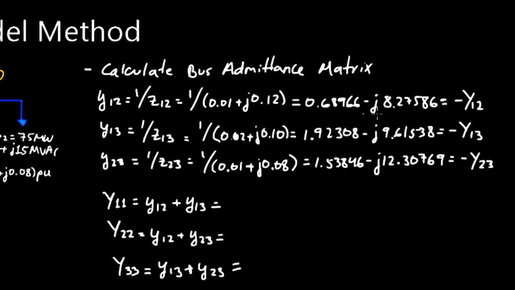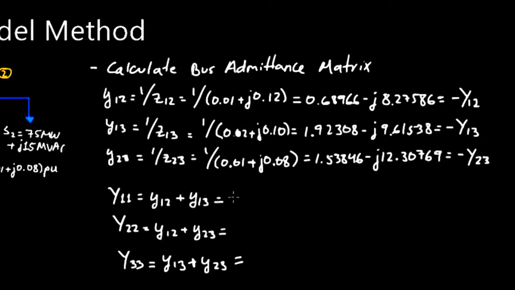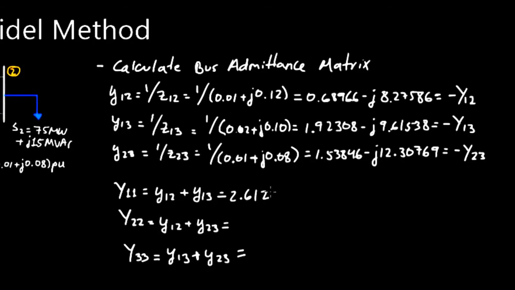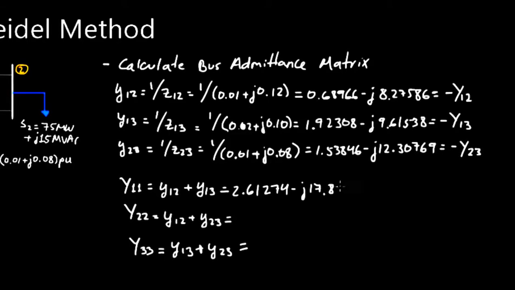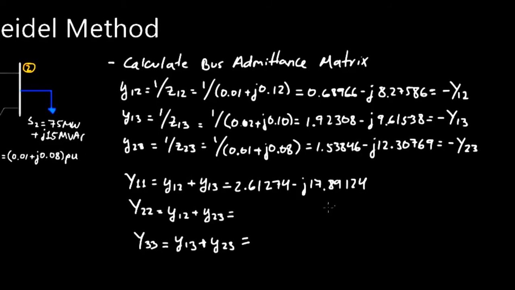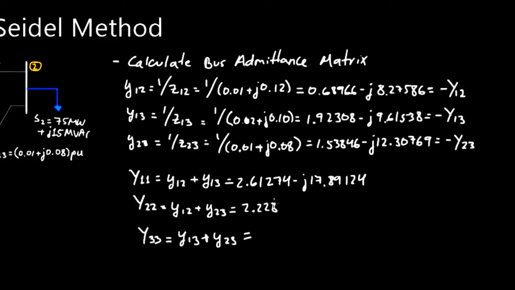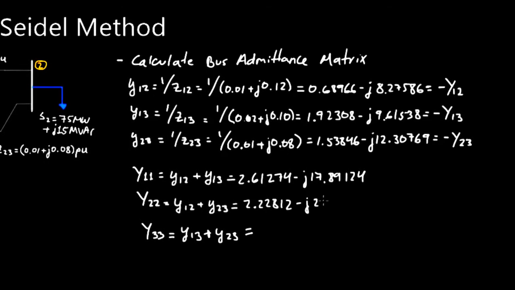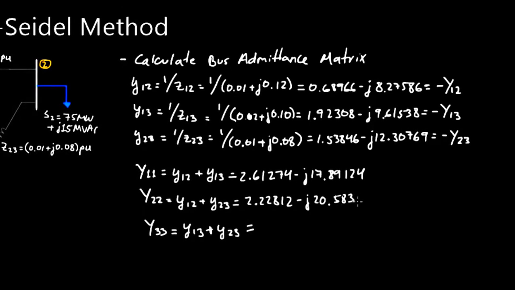And so you can go ahead and plug in these numbers into these equations. So for Y11, that's equal to 2.61274 minus j17.89124. And for Y22 I would get 2.22812 minus j20.58355.